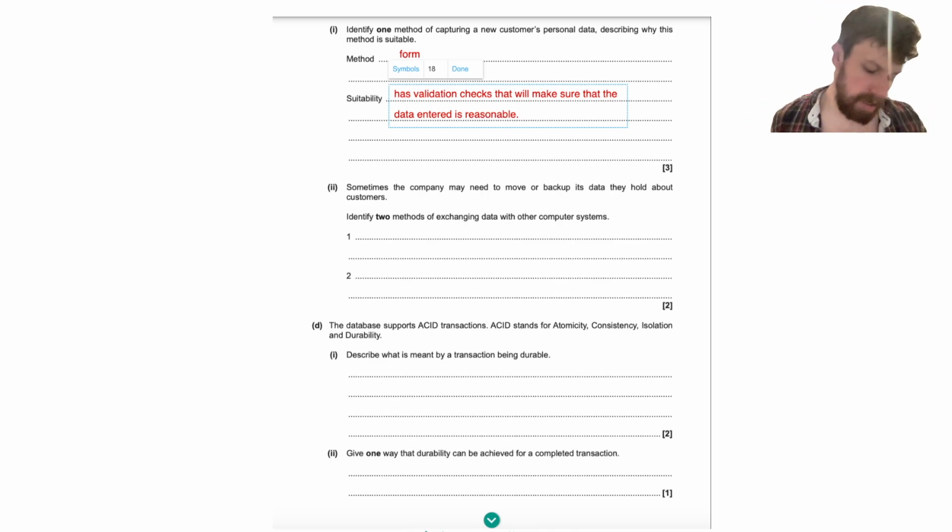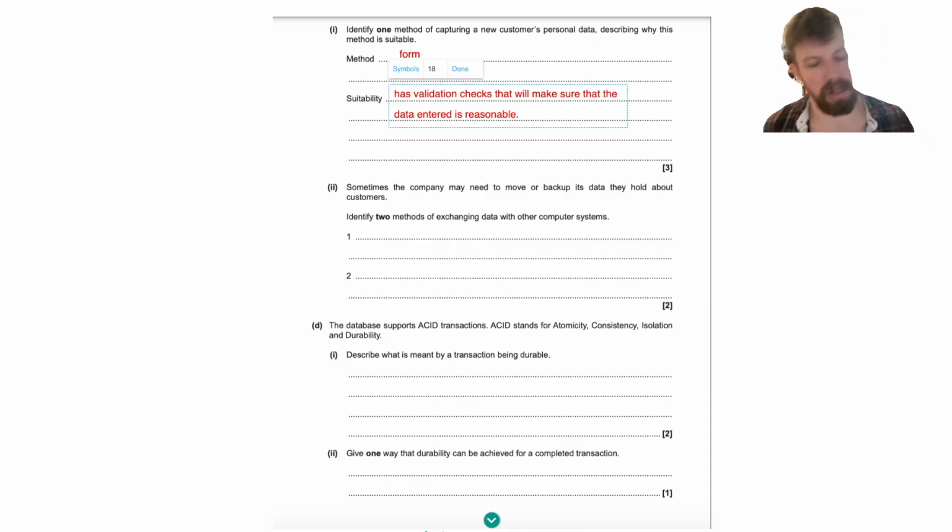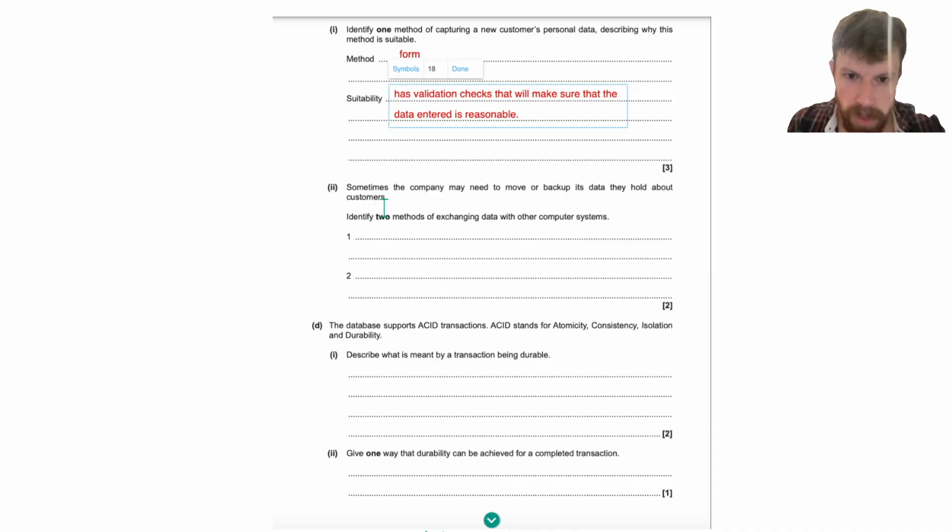So those are things like if you needed to enter a password that was at least 8 letters long, you'd have a length check in there, which would stop it from entering anything less than that. So there's lots of different validation checks that you can perform on a form.